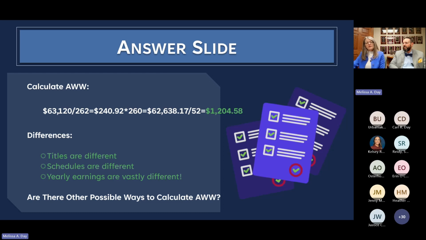If all we had from our employer here was information regarding a similar worker, that actually would lead to some savings over Outchit's original C-240 that was produced only showing 210 days. But we want to drill down into this even further and see if there are ways to calculate Outchit's average weekly wage, which are fully supported by the law, because that's important, that could lead to additional cost savings.